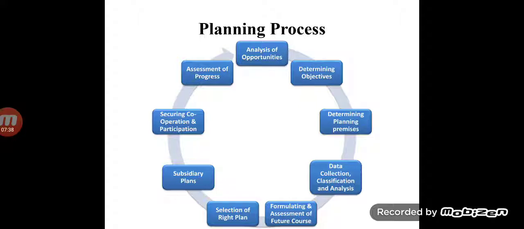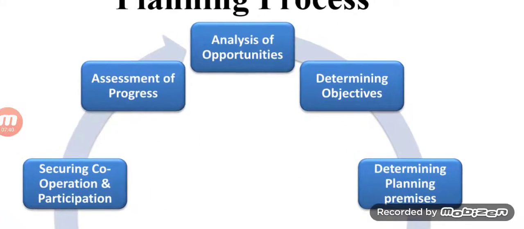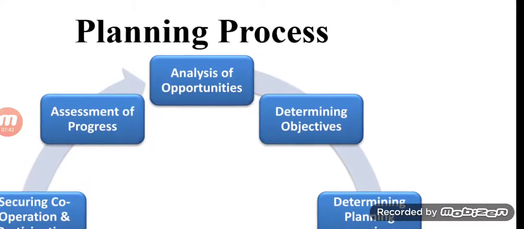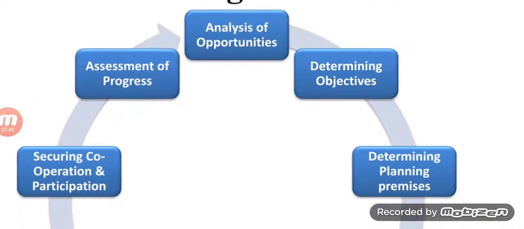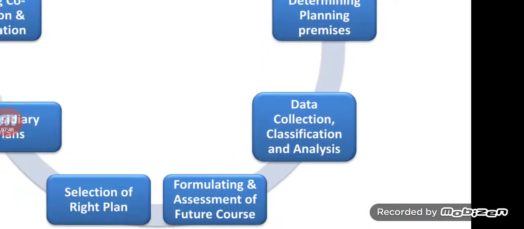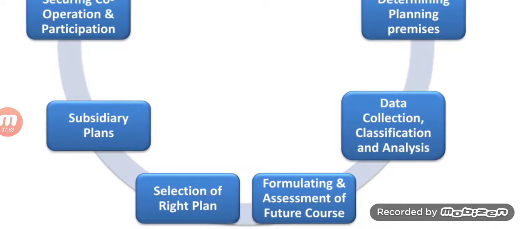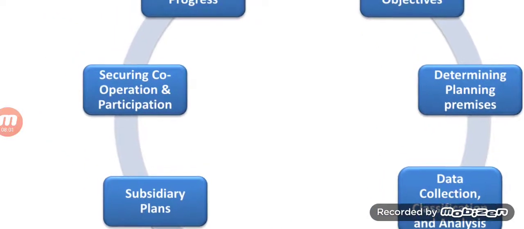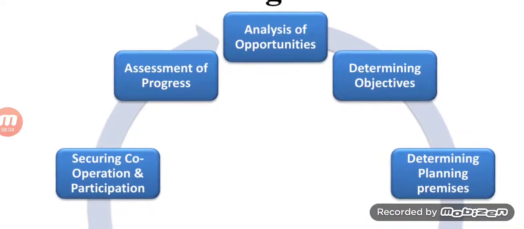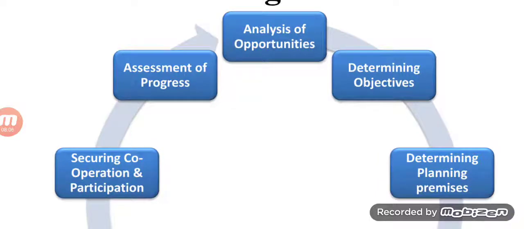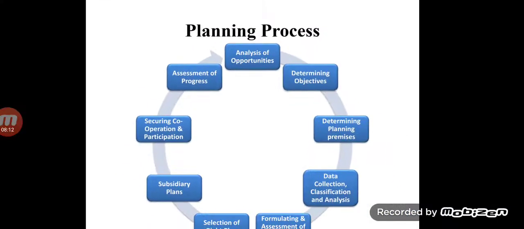Like in each point we have to work in detail: analysis of opportunity, determining objectives, determining planning premises, data collection, classification and analysis, formulating an assessment of future course, selection of right plan, subsidiary plans, securing cooperation and participation, and at the last, assessment of progress. These are the planning process points which we have to learn in detail.